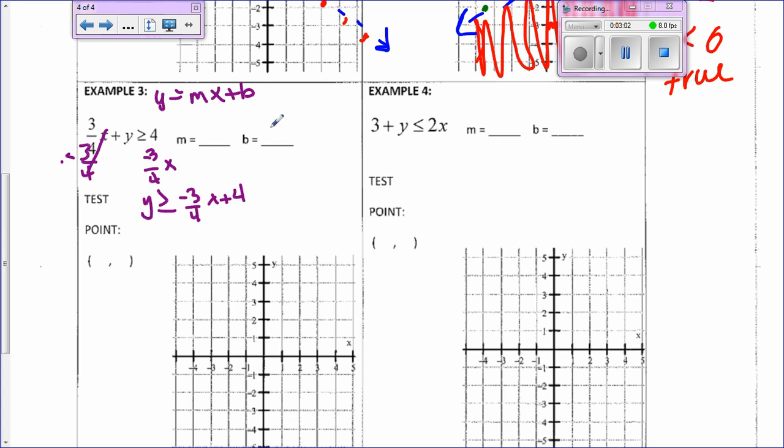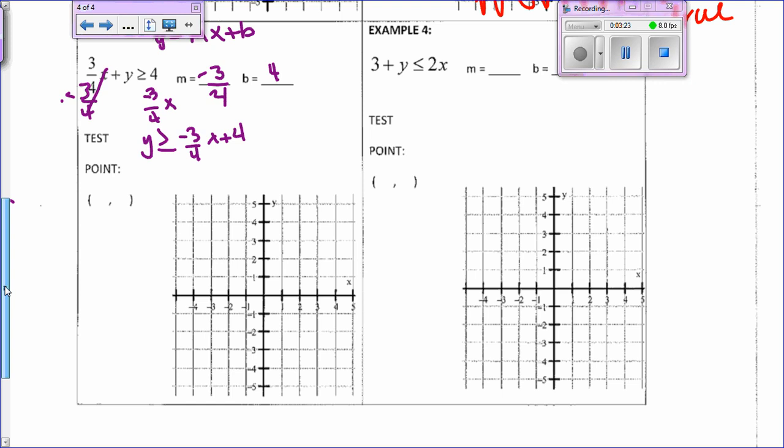So I'm going to go ahead and put 4 right here. And your slope is going to be negative 3/4, so I'm going to write negative 3 over 4. Wonderful.